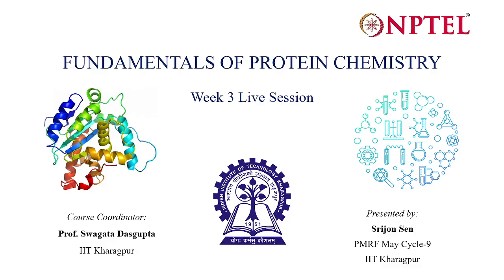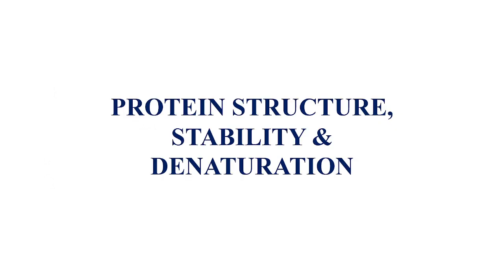So in the first 2 weeks, what we discussed was the basics of proteins and mostly amino acids, the different types of amino acids, and the different structures of proteins. So we will be talking today mostly about protein structure, stability and denaturation of proteins.